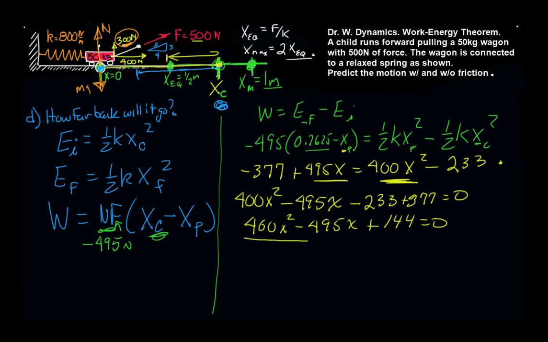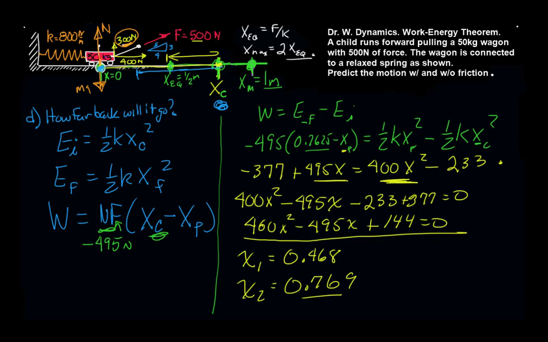And we can use the quadratic equation, and we'll find that x1 is 0.468 and x2 is 0.769. And we have to use logic to determine which of these is valid. Now we started at 0.762, so this one can't be accurate. So it turns out that's how far back we'll return. So that's equal to x final.